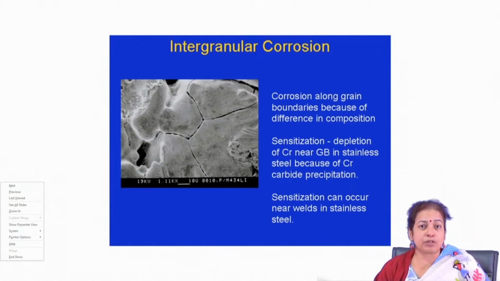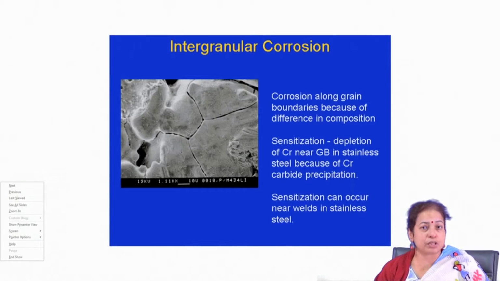Because of the presence of a completely different phase along the grain boundaries, their electrochemical behavior is widely different from that of grains. As a result, there is microgalvanic cell formation between grain boundary areas and the grains, and the adjacent grain boundary regions corrode at a much faster rate than the rest of the body.